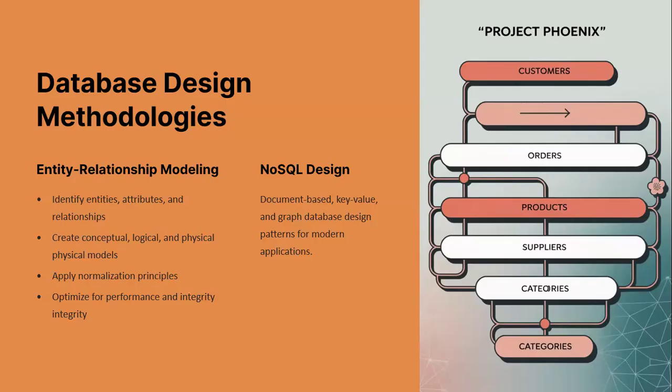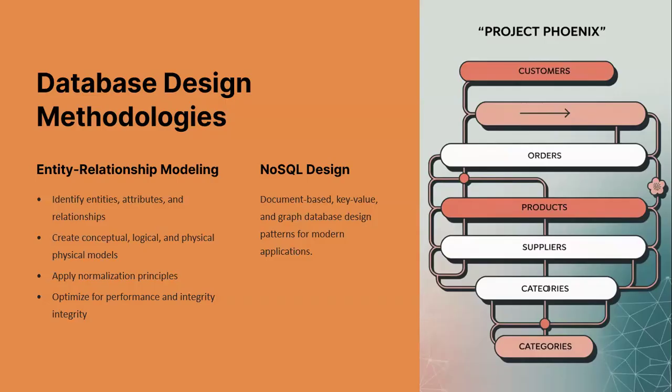Now, creation, logical, and physical models. These models that they are talking about are things you have to consider when you are creating databases. Like I said, indexing, very, very important. Apply normalization principles. Like I said, you have to obey certain rules to get everything intact.